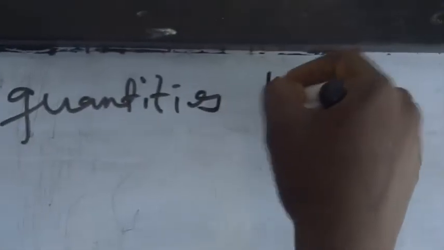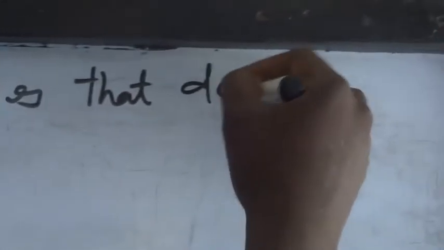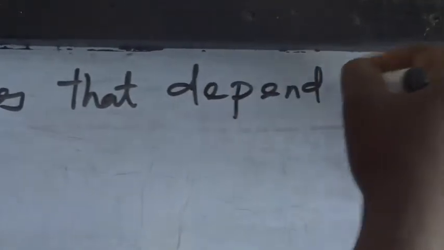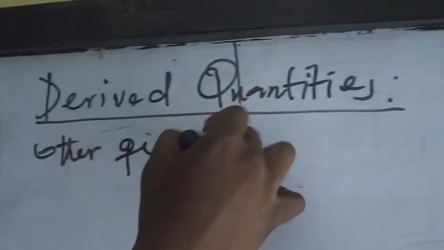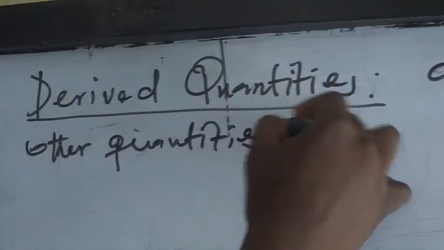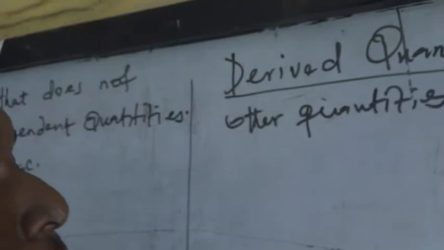So derived quantities are quantities that depend on other quantities for their formation.